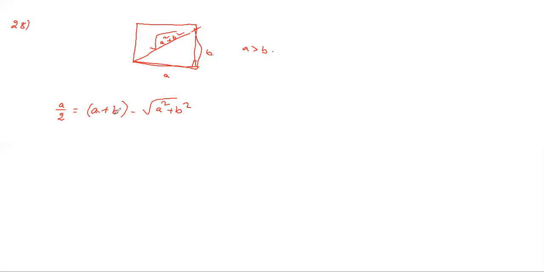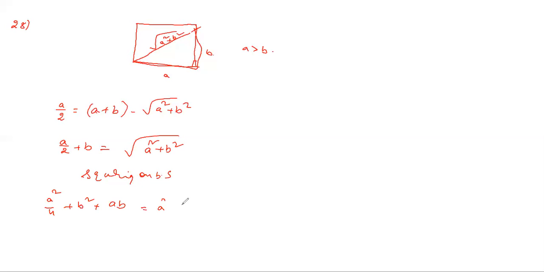Okay, you take A by 2 to this side: A plus B minus A by 2 is A by 2 plus B equals root A square plus B square. So squaring on both sides: A square by 4 plus B square plus AB equals A square plus B square. B square will cancel.